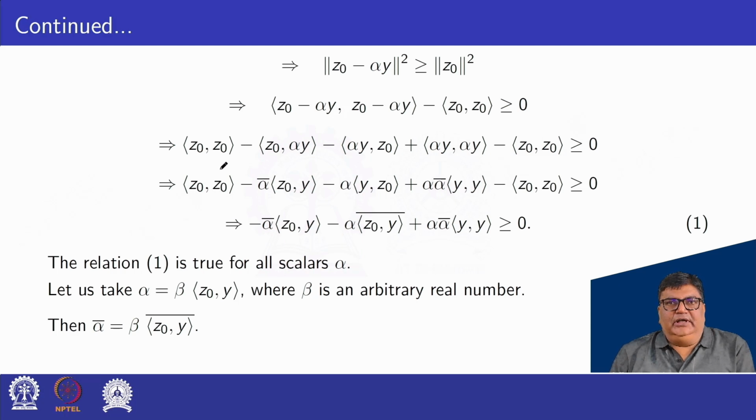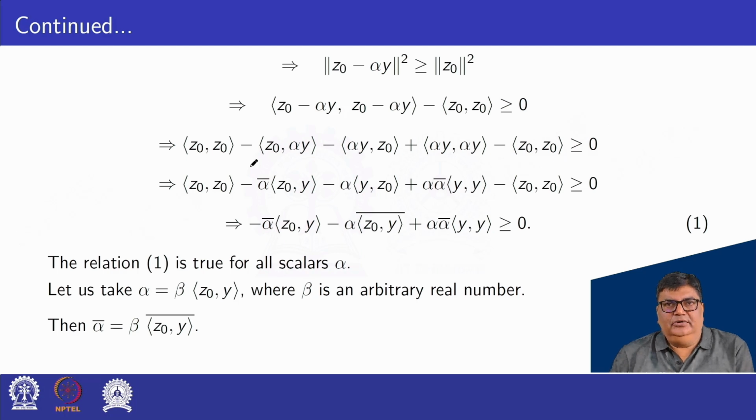Again, using the third property of the inner product, this implies the inner product of z0, z0 minus alpha bar into the inner product of z0, y, minus alpha into the inner product of y, z0, plus alpha times alpha bar into the inner product of y, y, minus the inner product of z0, z0, greater than or equal to 0.